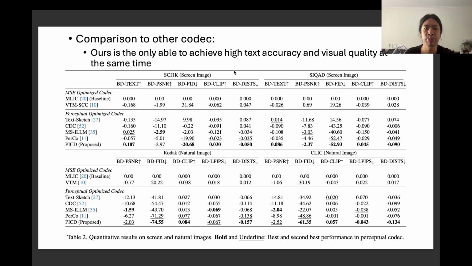So we perform experiments and evaluation on two screen content datasets and two natural image datasets, which are common, and we compare ourselves to different types of codecs, mostly perceptually optimized codecs. It is shown that our approach is better than PerCo, the previous state of the art for natural image codecs, both on natural images and on screen images.